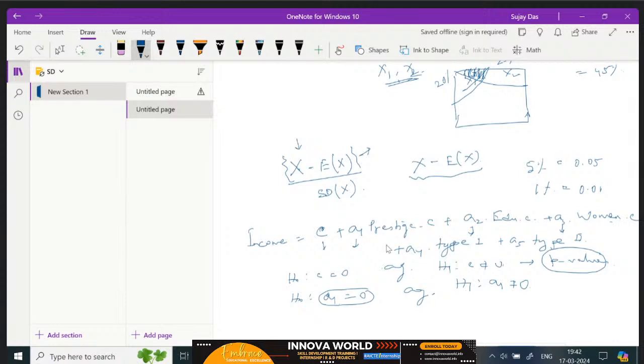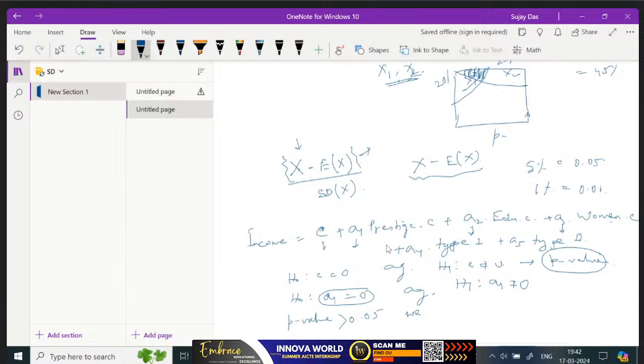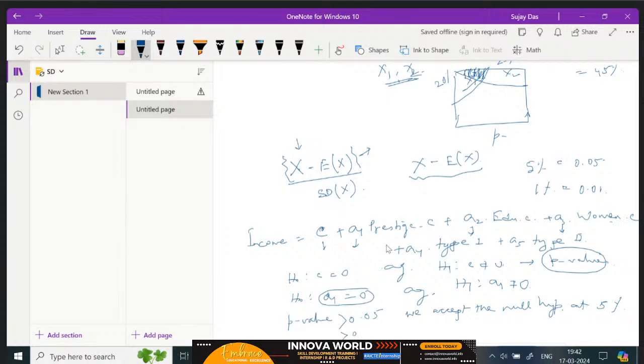So if the p-value is greater than 0.05, then we say we cannot reject the null hypothesis at the 5% level. And if it is greater than 0.01, then we say we cannot reject the null hypothesis at the 1% level.